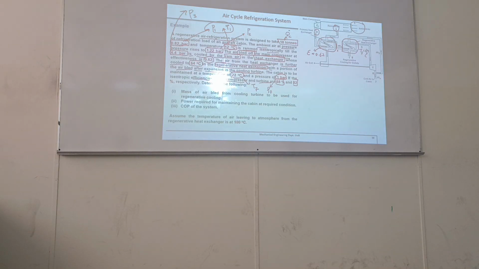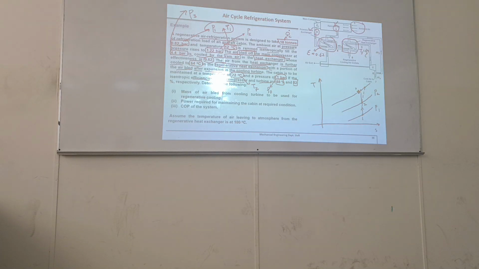So before determining all these, let's show it on the TS diagram. Starting from point 1, this is P1, this is P2, this is ramming 1 to 2, then 2 to 3, the compressor, and isentropic efficiency is given, so I should show the non-isentropic part.